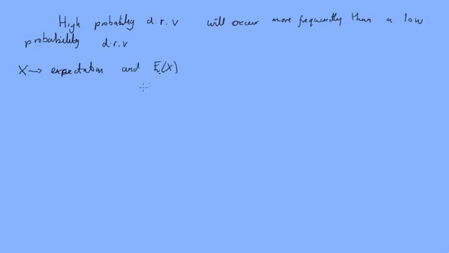So this is the value that we expect to occur most frequently. So it's the mean of the discrete random variable.